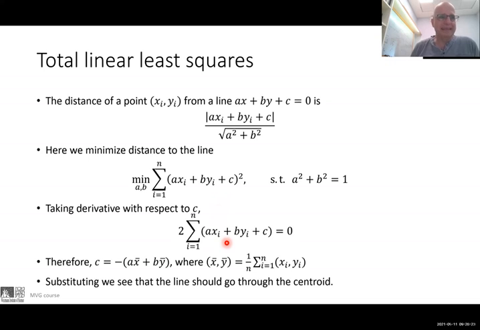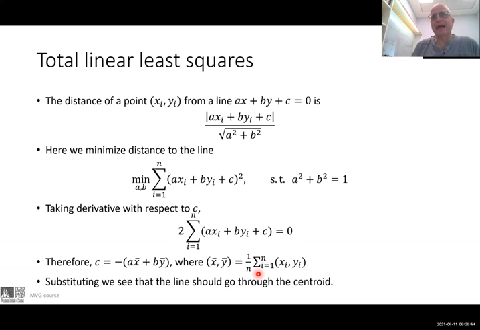That implies that c will be simply minus a times the average of x plus b times the average of y, where the averages of x and y are simply the centroid of the points.